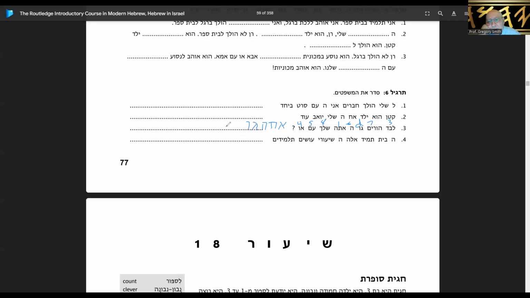Okay, so do you dwell? 1, 2, there's 3. Lavad. That means alone. Ata gar lavad. Do you dwell alone? Or, and it's just O. O means or in Hebrew. Or im, or with hahorim.